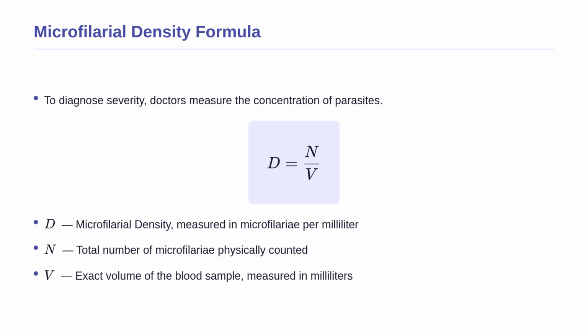N stands for the total number of microfilariae physically counted under a microscope. V represents the exact volume of the blood sample examined. If the number of worms, N, increases, while the volume stays the same, the density, D, increases, indicating a much heavier and more dangerous infection.